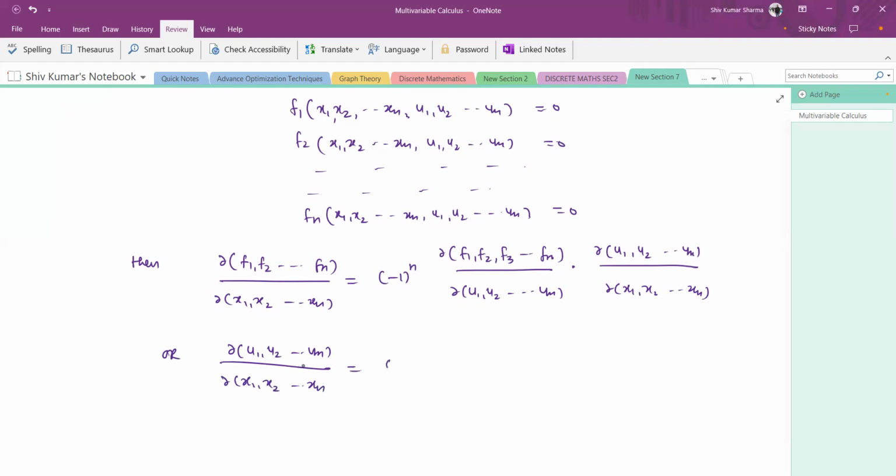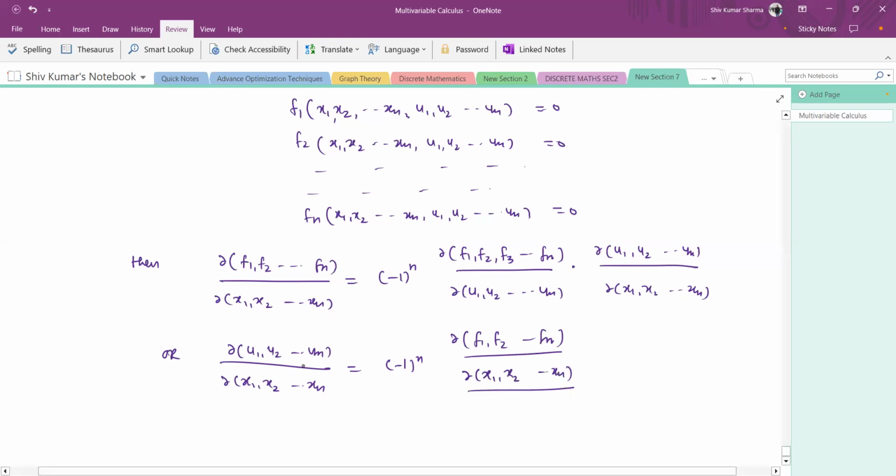So we write this as minus 1 raised to the power n, del f1, f2, fn upon del x1, x2, xn, upon del f1, f2, fn upon del u1, u2, un.